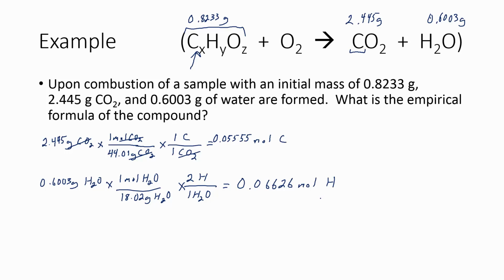But wait a minute, how much oxygen did we have? All right. Well, we know we had 0.8233 grams of this stuff before. If we could subtract off the carbon and subtract off the hydrogen grams, we'd be left with the oxygen grams that were just present in the original sample. So let's figure out how many grams of carbon and grams of hydrogen we had.